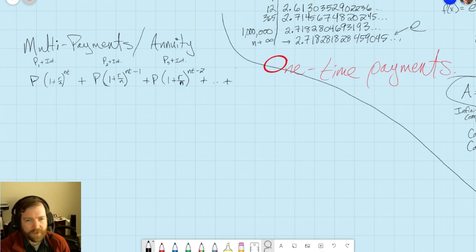Then we can go out to payment n minus 1, the second to last payment. We're still going to get interest on it, just not very much.